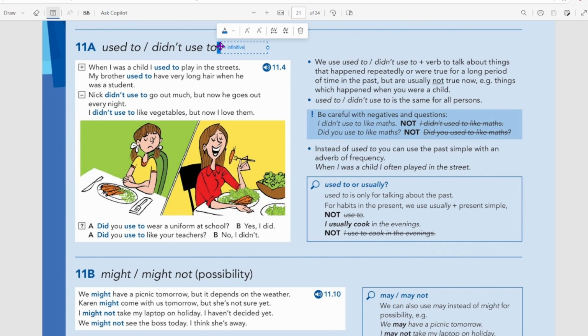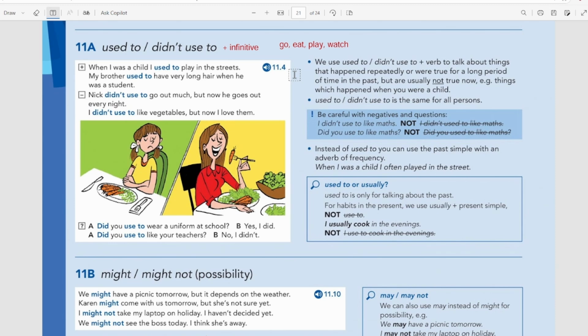So infinitive. And what is infinitive? Infinitive is the first form of a verb like go, eat, play, watch, and so on. Going or went or goes, they are not infinitive, guys. So after used to, we use infinitive. Negative didn't used to, we use infinitive. Why do we use it or when do we use it?